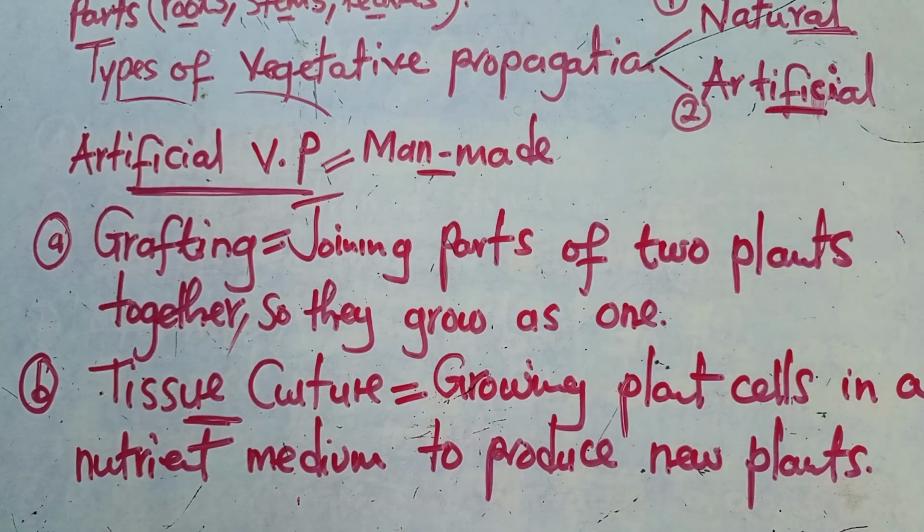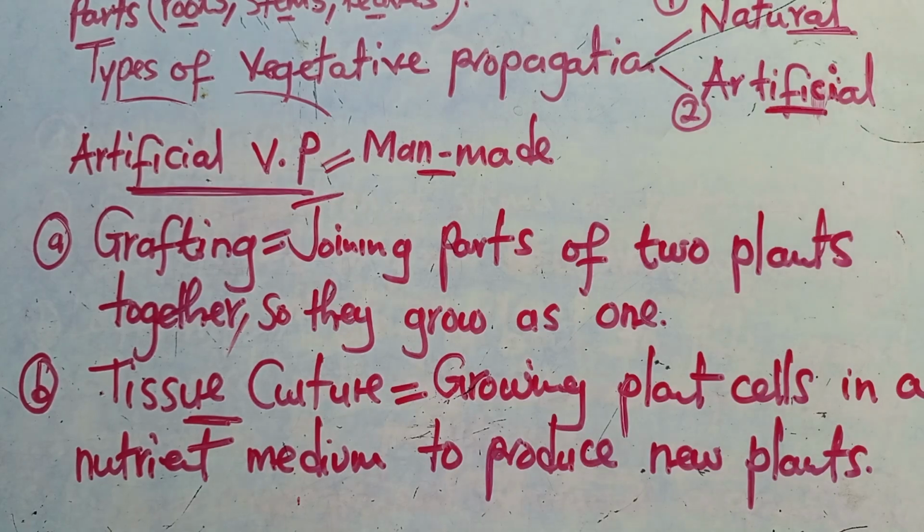It is as simple as that. All these things that I've talked about here, tissue culture, you discover that it allows for mass production and disease-free plants. This is a good part of tissue culture.